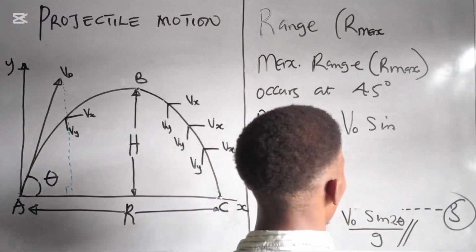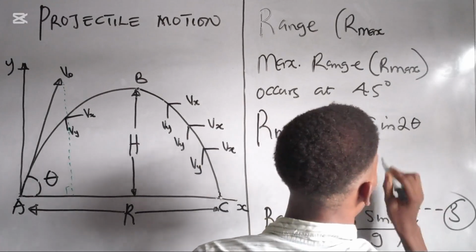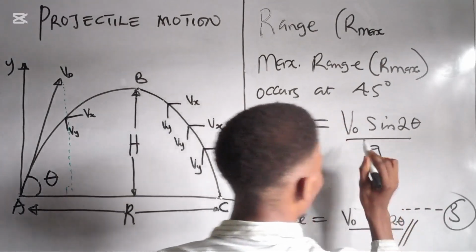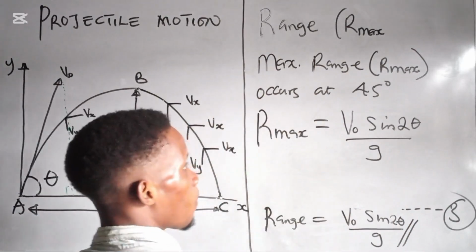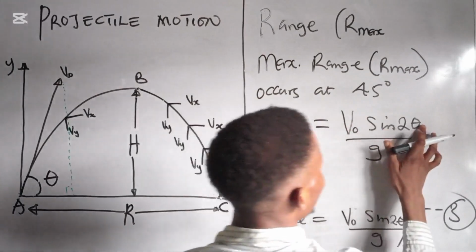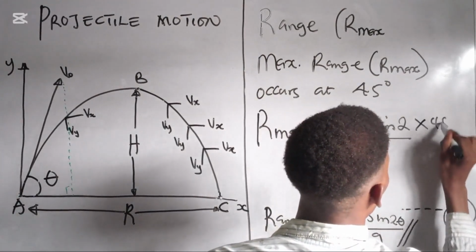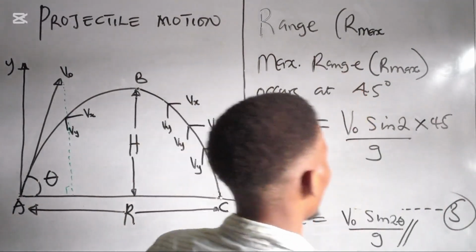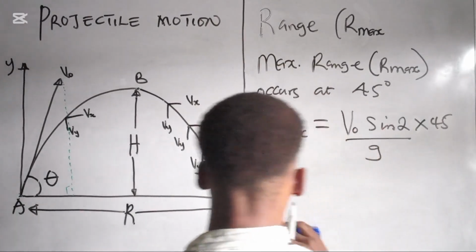Okay, so it's going to give us sine 2 theta all over g. It now implies that this theta is going to be 45. So let's multiply 45 by 2 and see what we get.